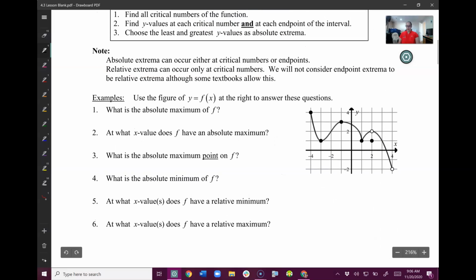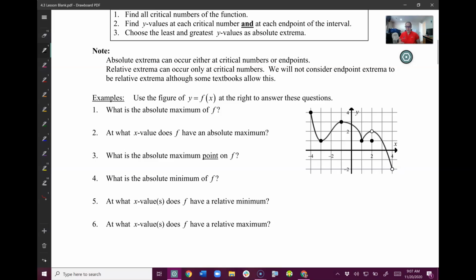So let's go through and look at a graph example first, and then we'll do an equation example. So here's our graph. We have an interval here. Now note, it's not a closed interval, and we'll talk about that in just a second. But let's start with number 1.